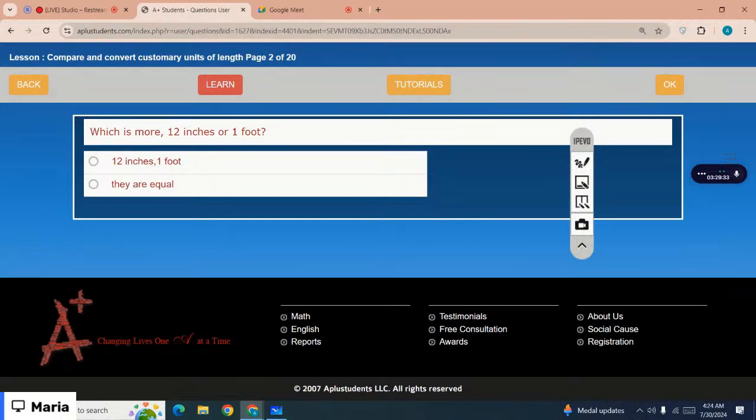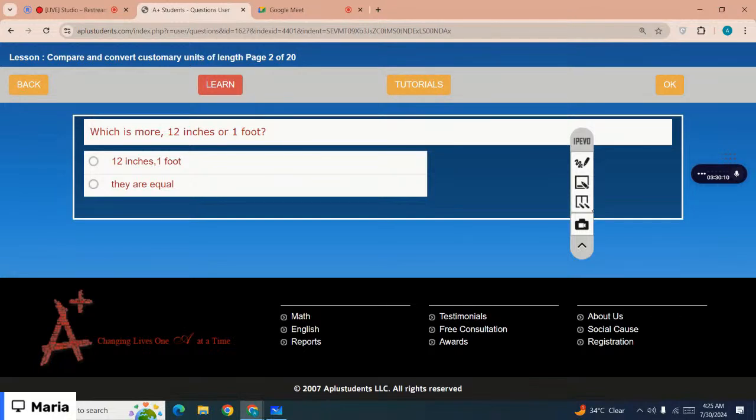Which is more, 12 inches or 1 foot? Which is the correct option? The correct option is they both are exactly equal. Option number 2 is the correct option.